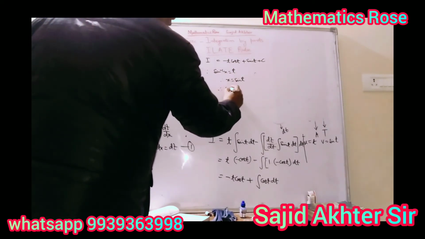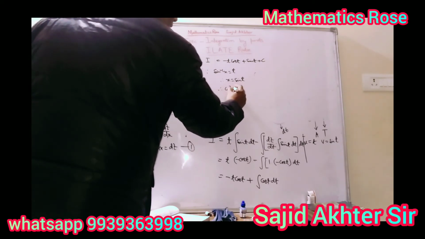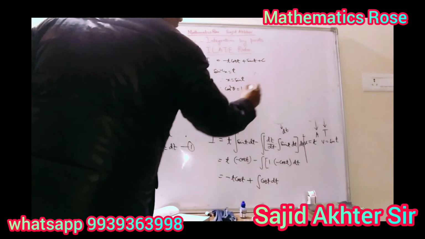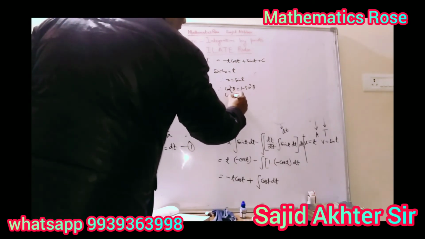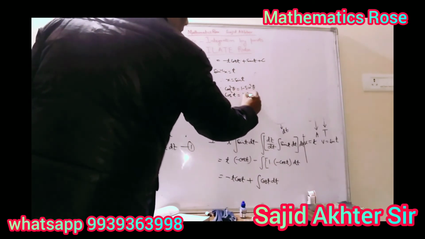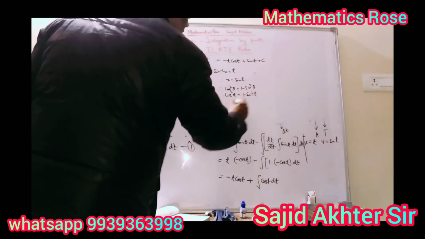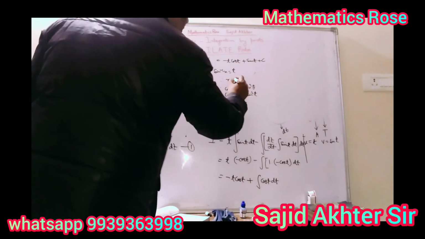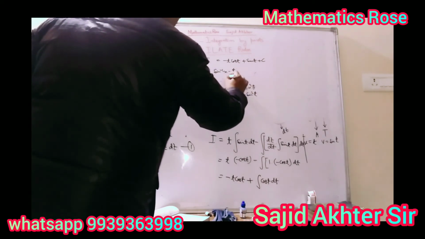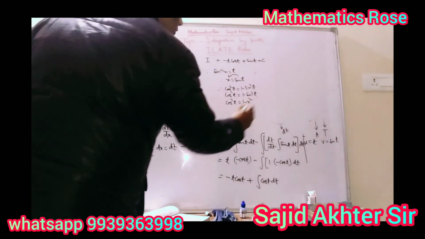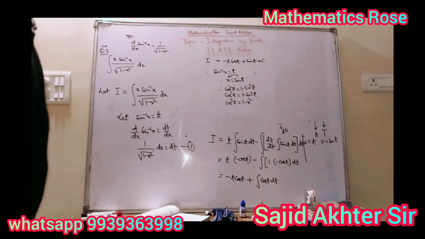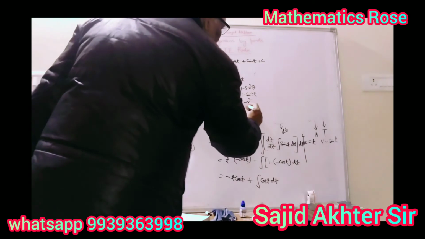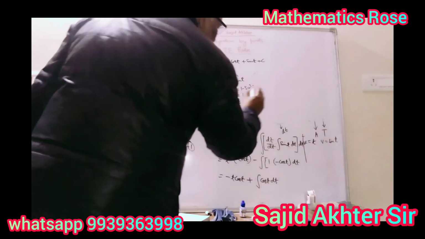Therefore we know that cos square theta is equal to 1 minus sine square theta. So cos square t is equal to 1 minus sine square t, and then cos square t is equal to 1 minus x square, and cos t is equal to root under 1 minus x square.